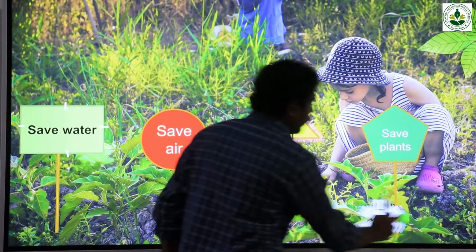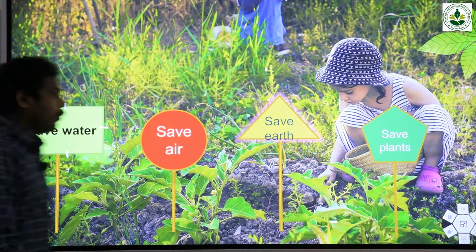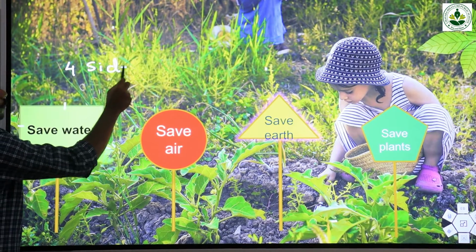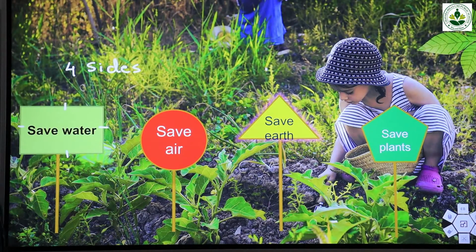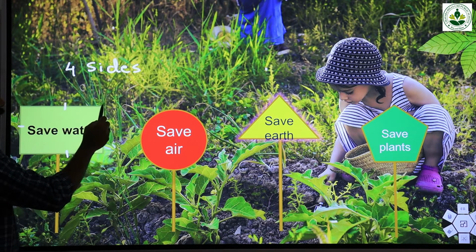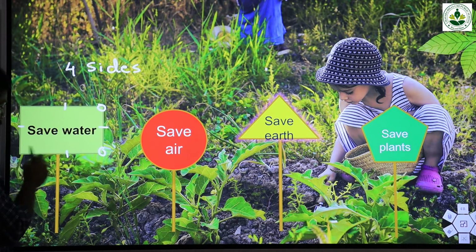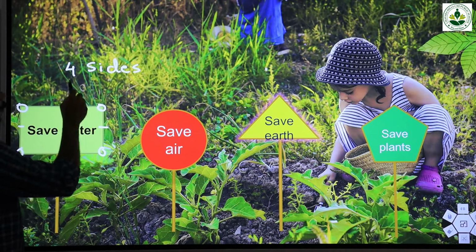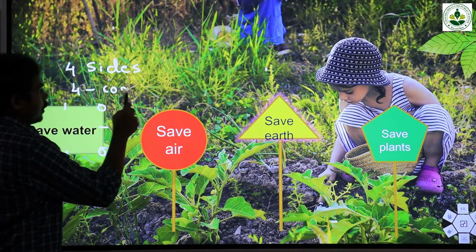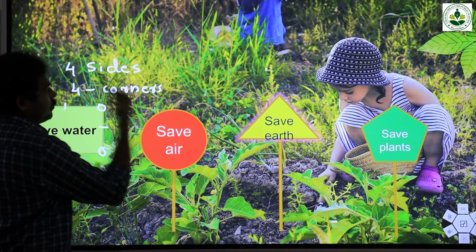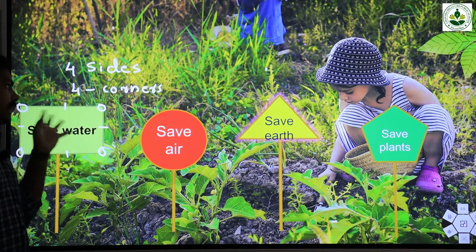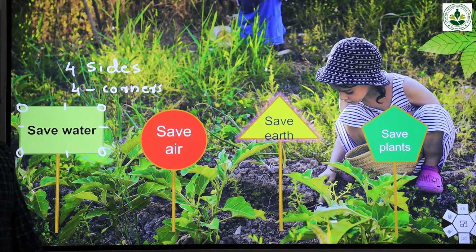So a rectangle has 4 sides. And the number of corners, 1, 2, 3, 4. 4 corners. A rectangle has 4 sides and 4 corners.